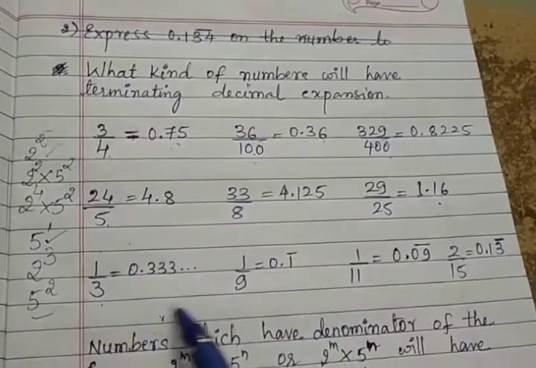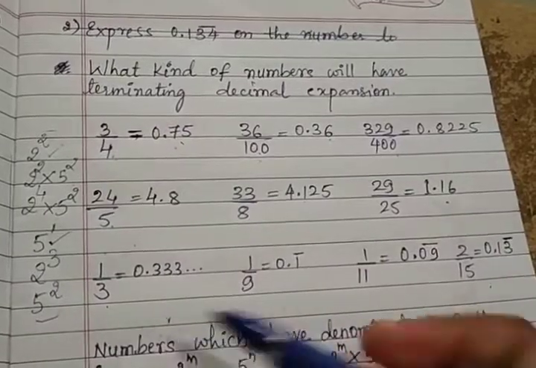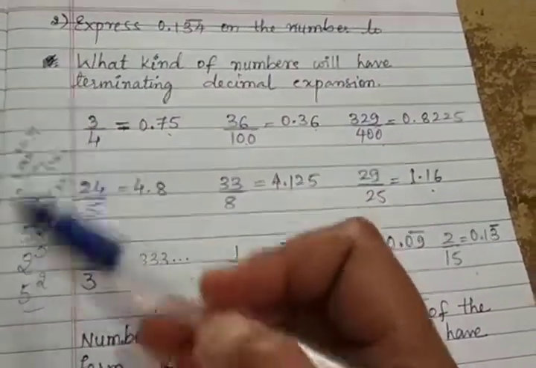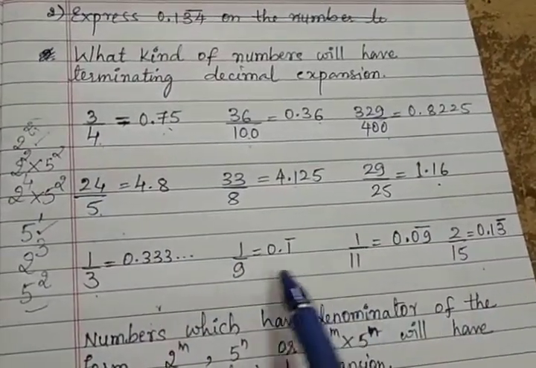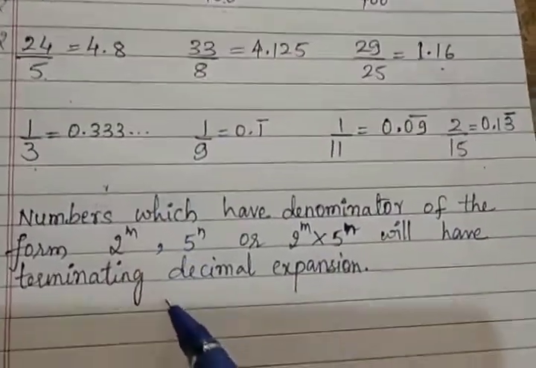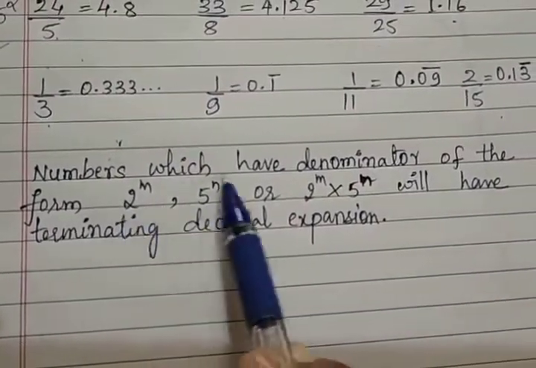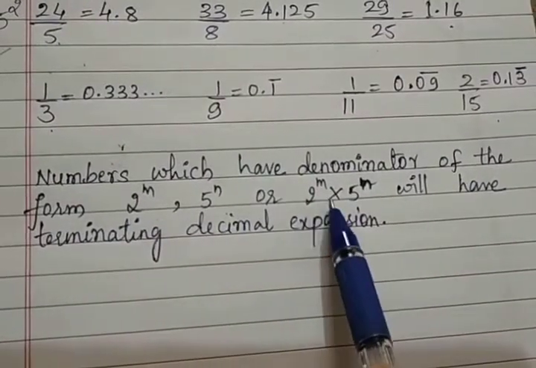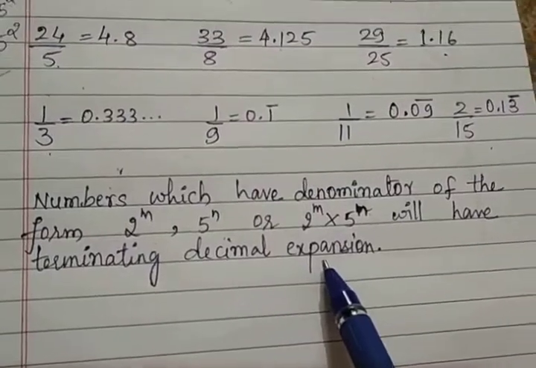Whereas here it is 3, 9, 11, 15 or any other number which is not in the form of a power of 2, a power of 5 or a power of both 2 and 5, then those numbers will not have a terminating decimal expansion. So you can also take this as: numbers which have denominators of the form 2 raised to m, 5 raised to n, or 2 raised to m into 5 raised to n will have a terminating decimal expansion.